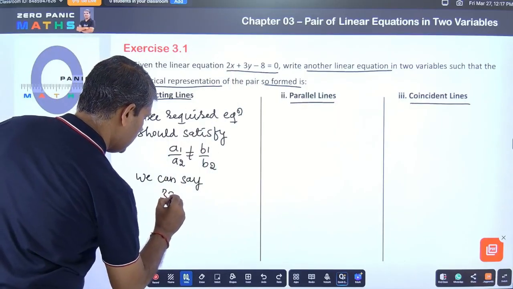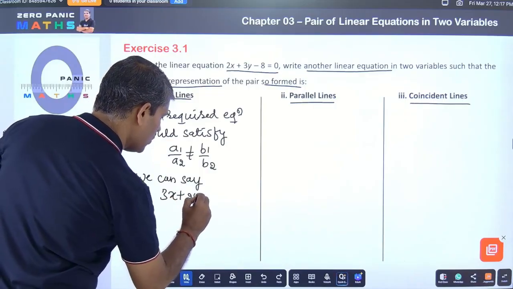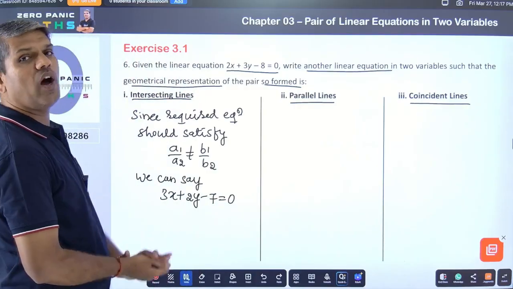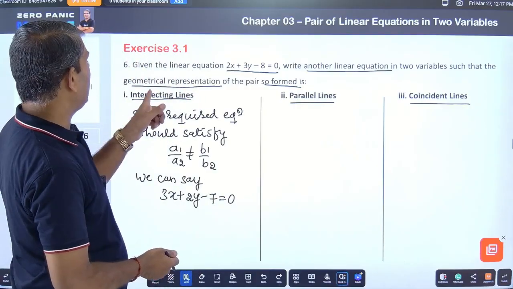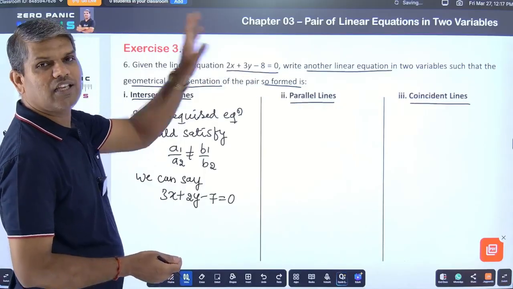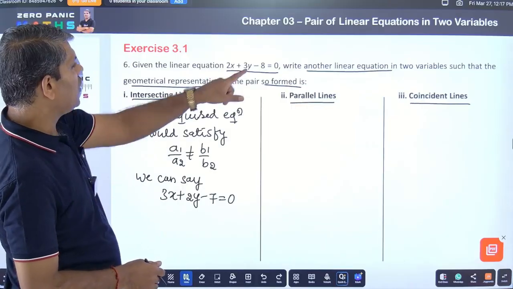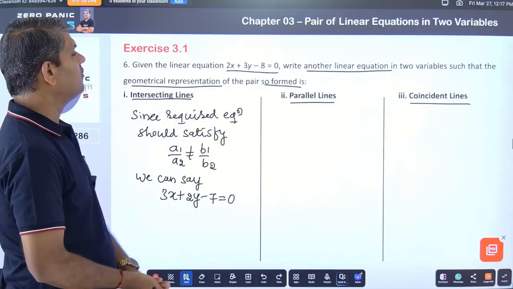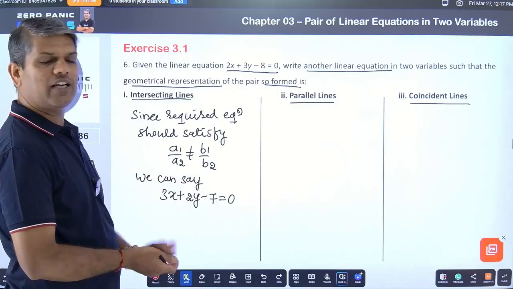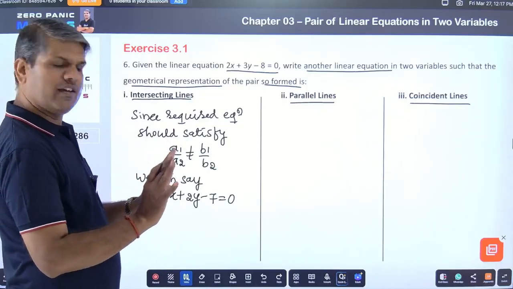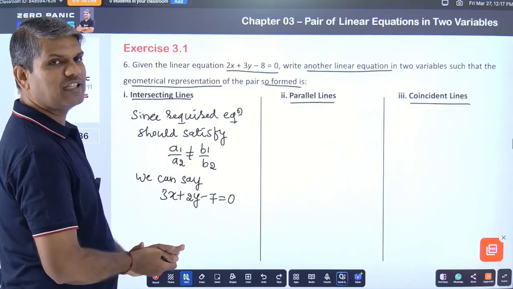Okay, 3x plus 2y minus 7 is equal to 0 is one equation that makes an intersecting line with this equation. Fine, you can see that 2 by 3 is not equal to 3 by 2. That's all. We don't have to look at the c1 by c2 here. I can write anything here. Okay, so this is the simple solution for intersecting lines.